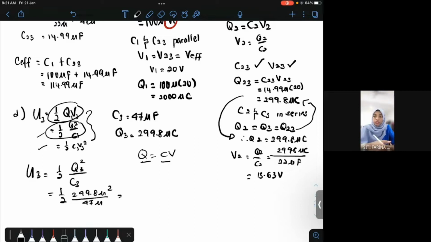So kamu tekan calculator, you should get 9.54 exponent negative 4. Exponent negative 6 square divide 47 exponent negative 6. Lagi 2, yes. You get 9.5. Dekat sini kita dapat 1 lah. Times 10 to the power negative 4 joule. Alright. Are we good?